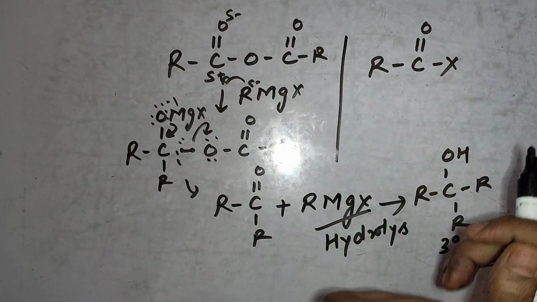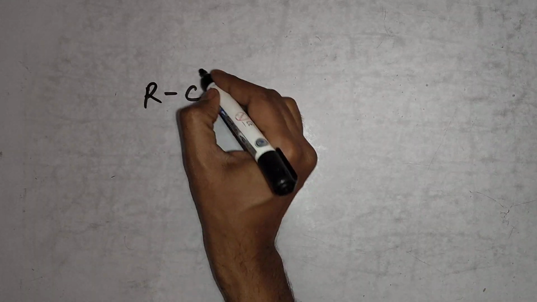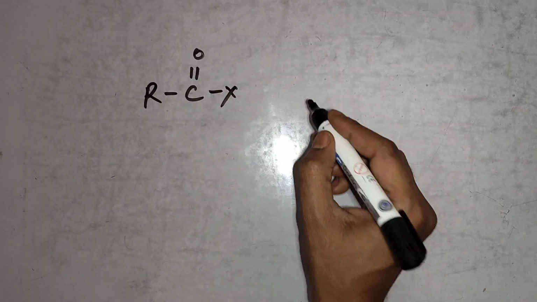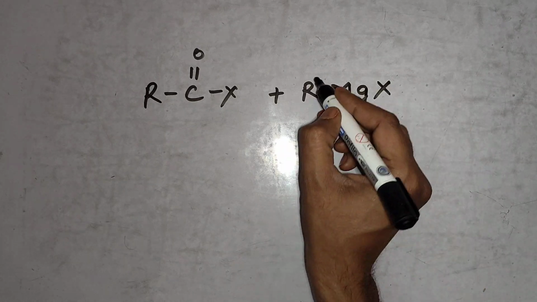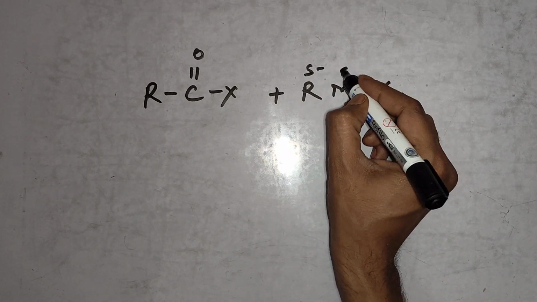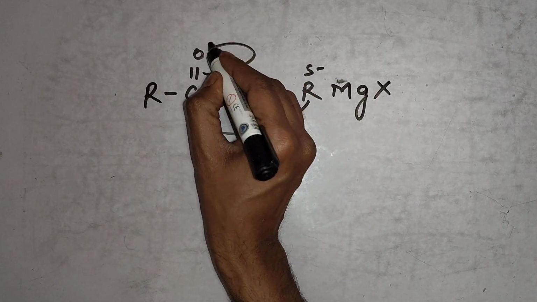Same process is here with acid halides. Let me show you. RCOX, RMgX, negative, positive, negative, pi electrons will shift.